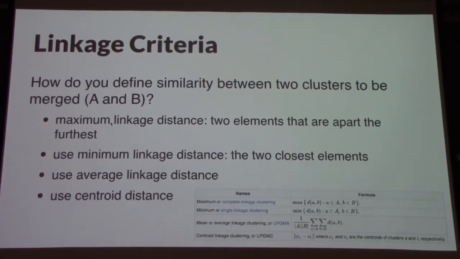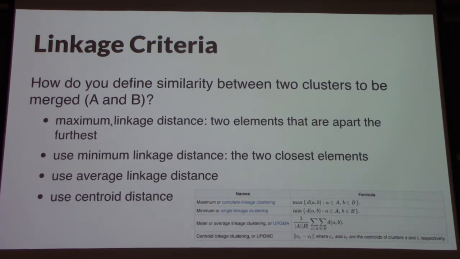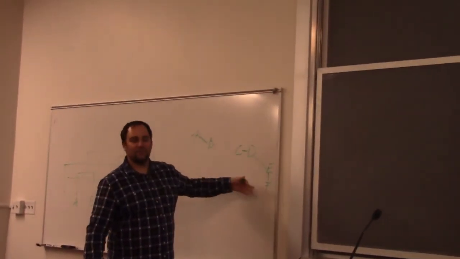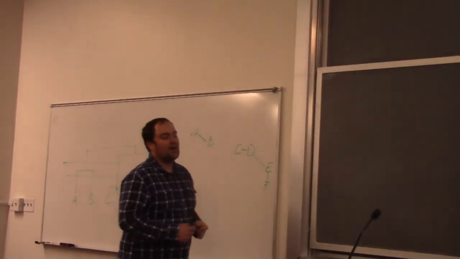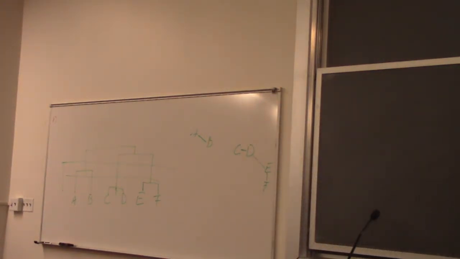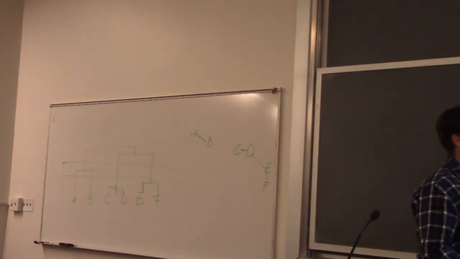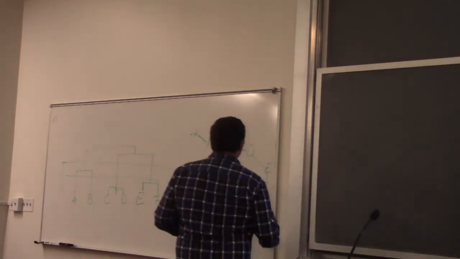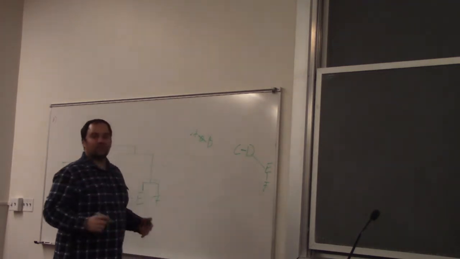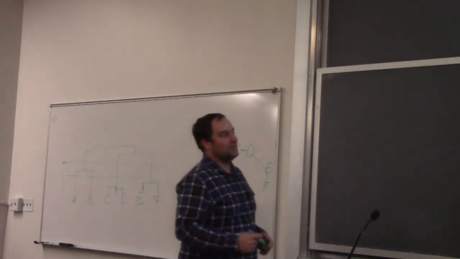For example, in this step here, the maximum linkage distance would be between, let's say, A and F. So that would be a different algorithm. Or what is probably more sensible is to use an average linking distance, so kind of to introduce something like centroids again and use those points instead. I could easily do that as well.